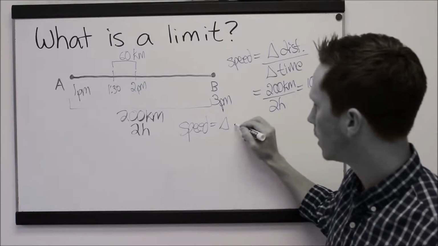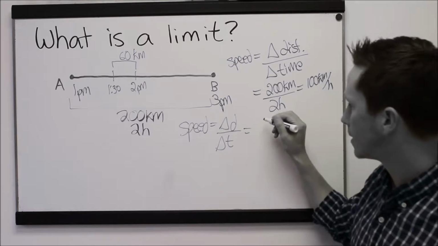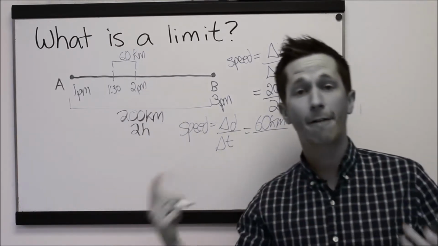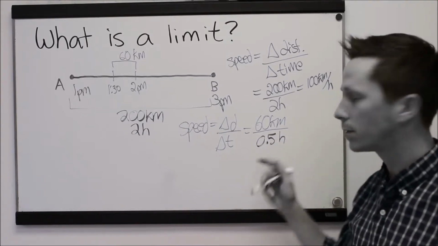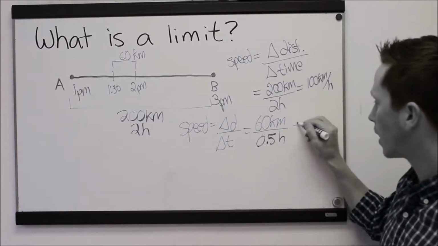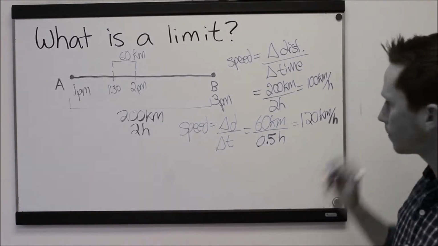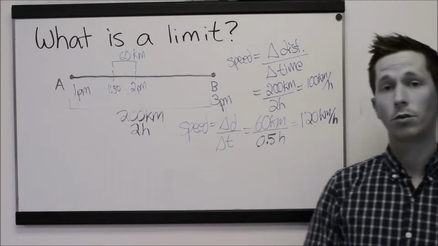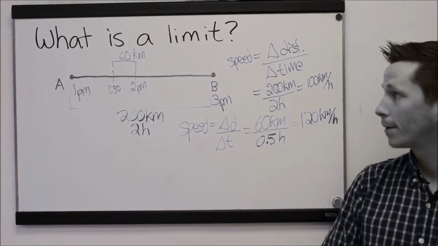Speed equals change in distance over change in time. The change in distance is 60 kilometers. The time is half an hour, so I'm going to use 0.5 because I'm using hours. 60 divided by 0.5 is 120 kilometers an hour. So during that section, just between 1:30 and 2, I was going on average 120 kilometers an hour.